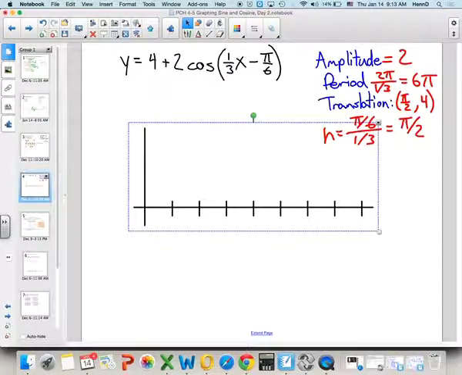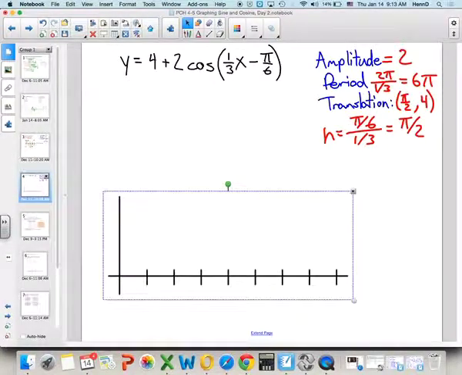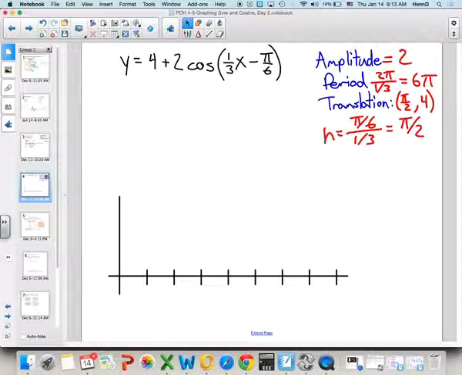All right. So I'm going to move this down a little bit to give us some room. One thing here, especially with cosine, is when it's vertically shifted, I would sketch that midline.